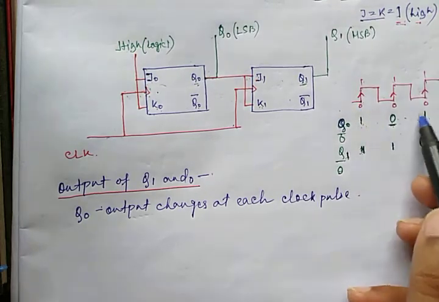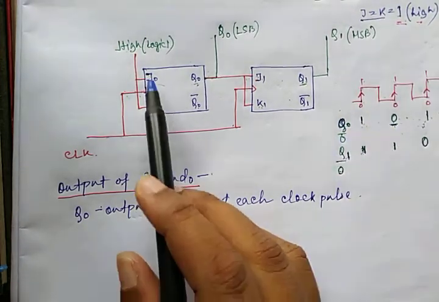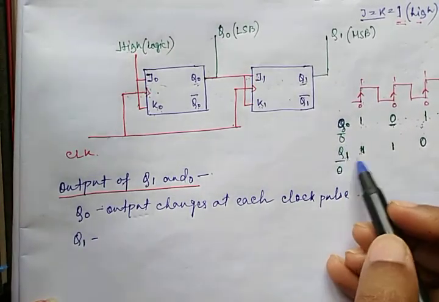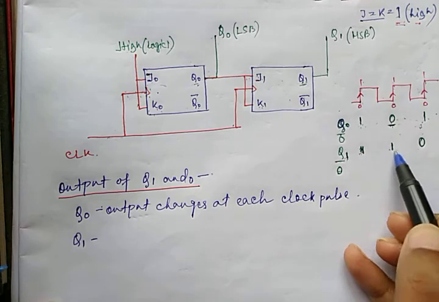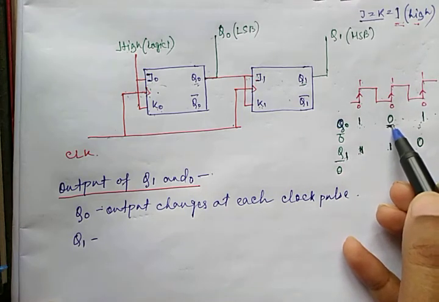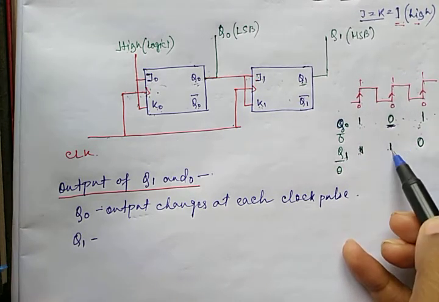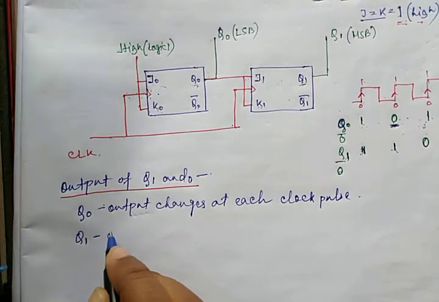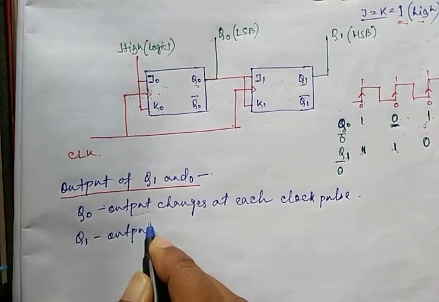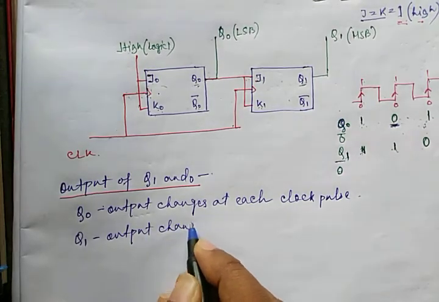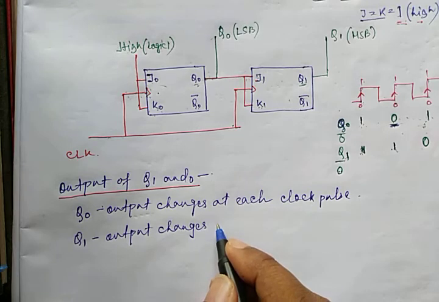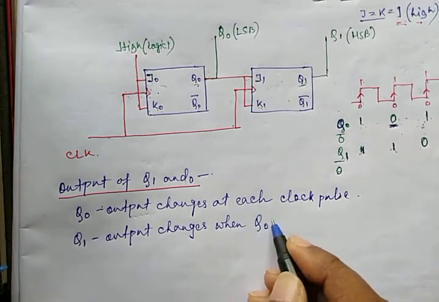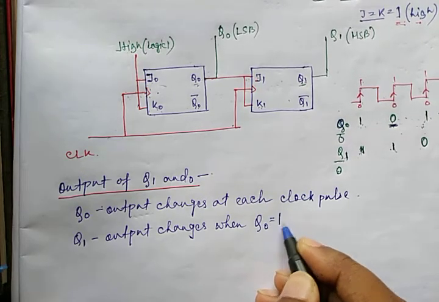For each clock pulse Q0 will change, and in order to change Q1 we have to see the value of Q0, because Q1 totally depends on Q0. So the Q1 output changes when Q0 equals 1.